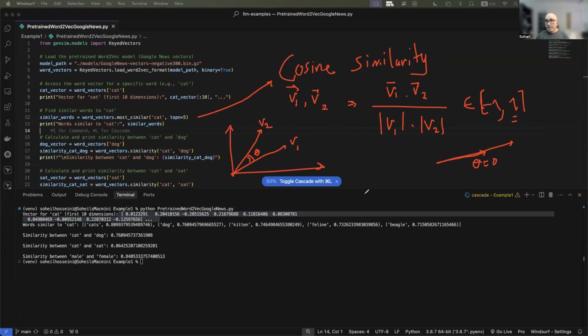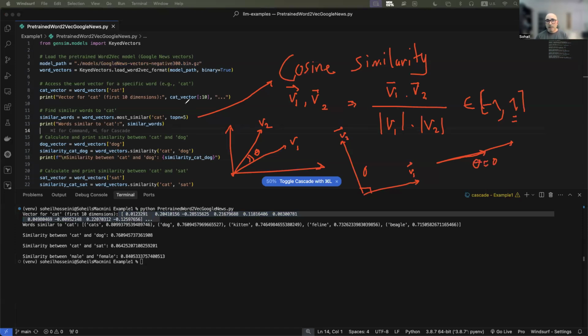And if they are not similar, or not in the same text, same sentence, same corpus, then this theta between v1 and v2 is larger. I'm showing that in 2 dimensions, but the idea is the same in a higher dimension.